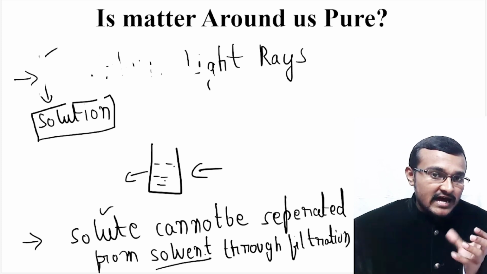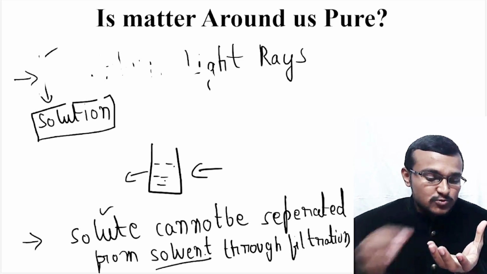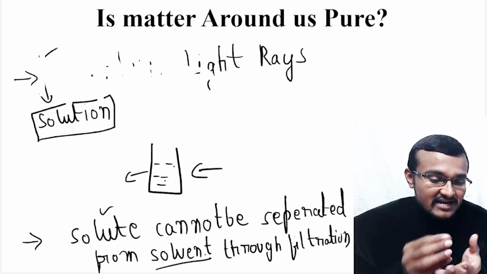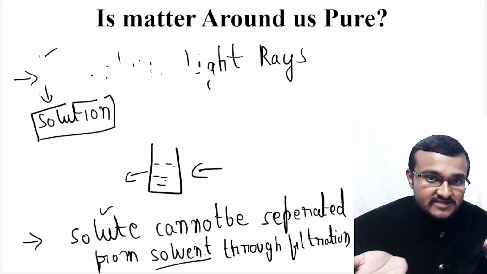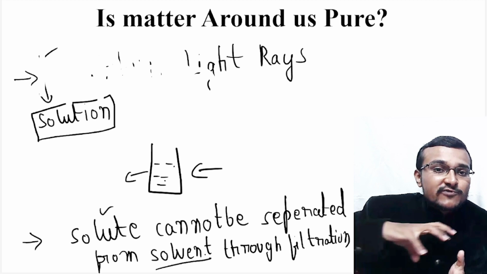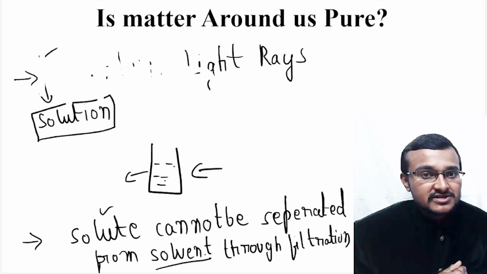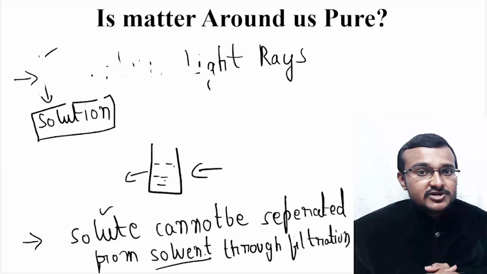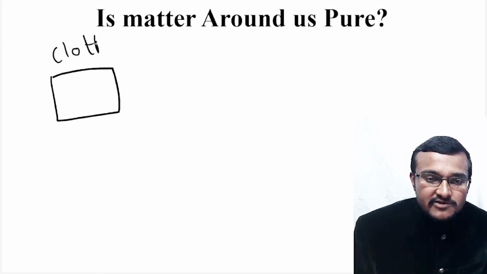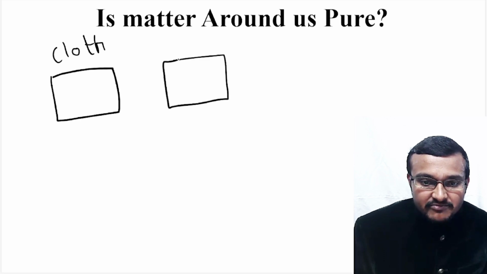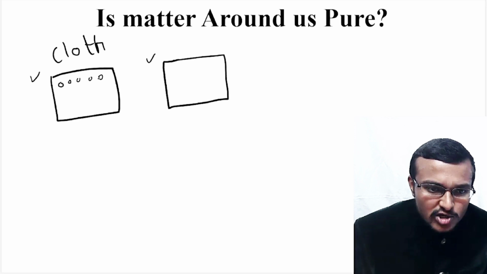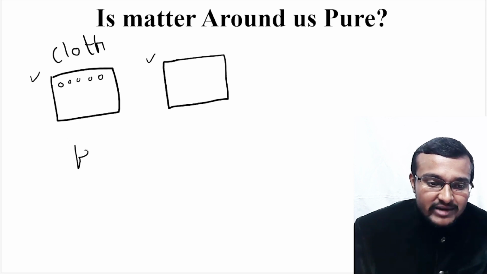Now if you have a salt solution, that means water mixed with salt, and you are doing a normal filtration process, you cannot remove the salt from the water, because salt is uniformly mixed throughout the solution and the diameter of those particles will be less than 1 nanometer. If you are using a cloth piece or a Whatman filter paper, this cloth or filter paper will have small pores with a diameter of a few microns.